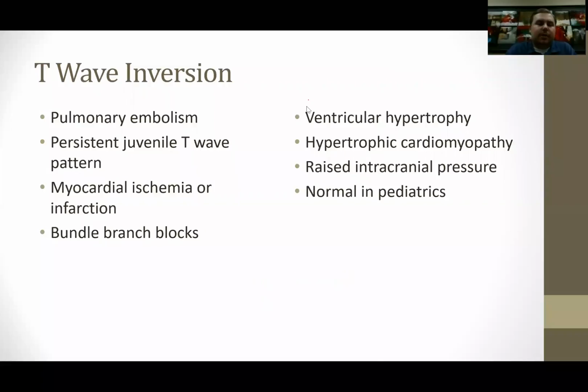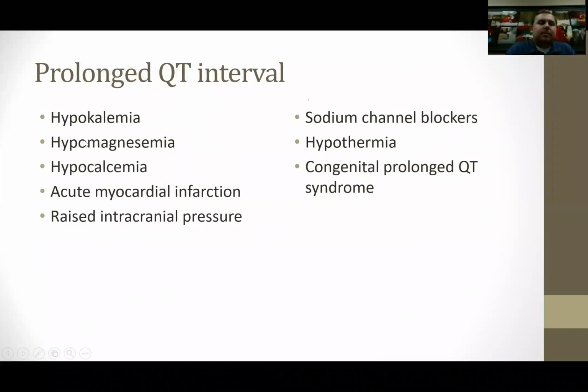All right, just a few more differentials. Prolonged QT. This is probably my most interesting differential. This is where we did our little poor man's QTc, and we drew our imaginary line, and the T wave ended after that imaginary line. So what causes that would be hypokalemia, hypomagnesemia, hypocalcemia.